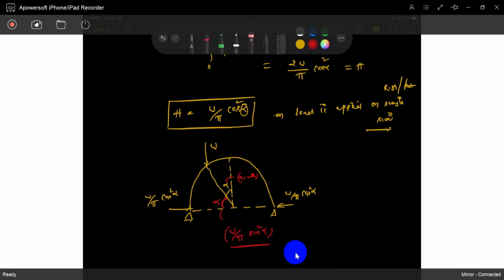Sine square alpha plus cos square alpha is equal to 1, you already know. Based on that you will get it like this. If you are given this value and this value, you can easily convert it to 90 minus theta. That's the story.